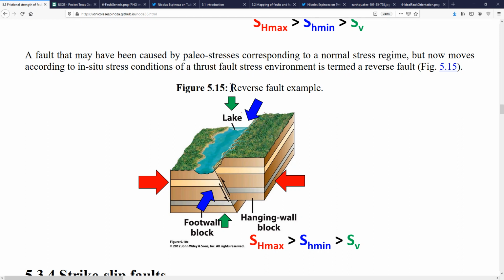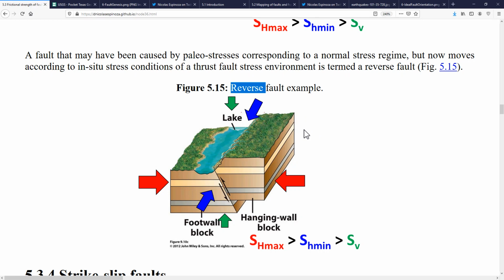And this is called a reverse fault because notice that the foot wall is going up. If you consider this static and this one is going up, this is opposite to gravity, reverse to what you expect that gravity would do. And that's why it's called a reverse.